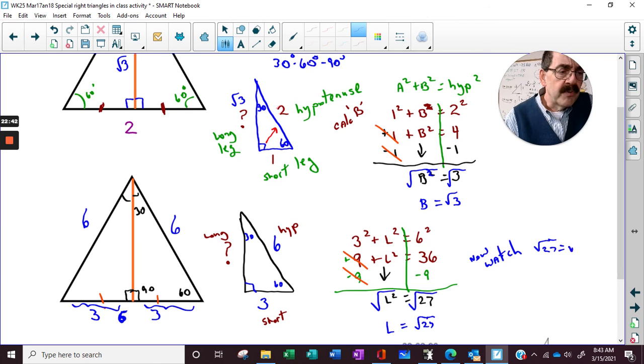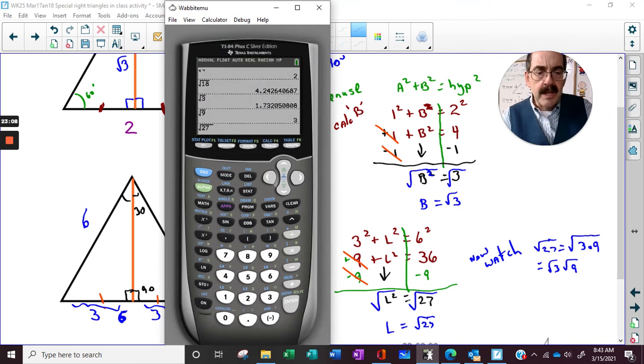I'll bet you some of you can see that the 27 is nothing more than 3 times 9. And we're allowed in math, remember, A times B is the same as B times A, right? Square root of 3 times the square root of 9. Well, we know the square root of 9. We already did that once today, didn't we?